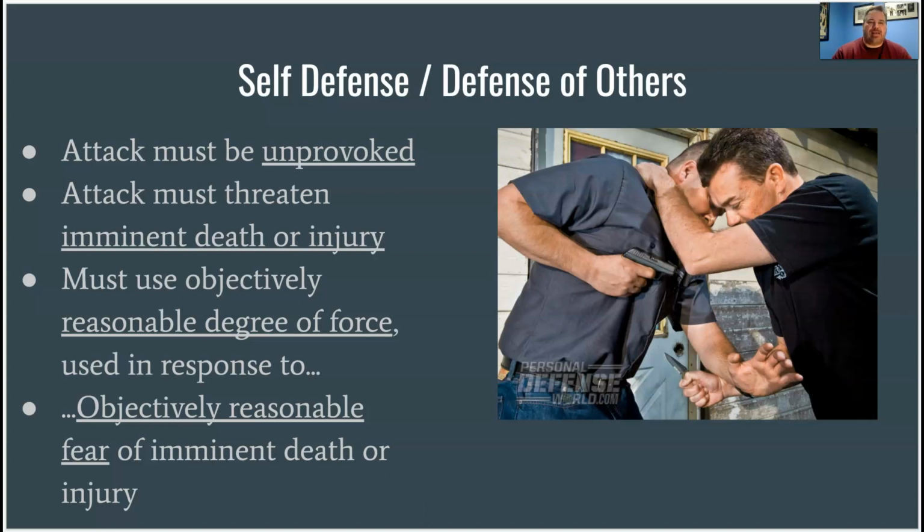So an objectively reasonable degree of force. If someone's coming at you with fists and you pull out a gun, most juries are not going to find that to be a reasonable degree of force used in response to this fear of imminent death or injury.